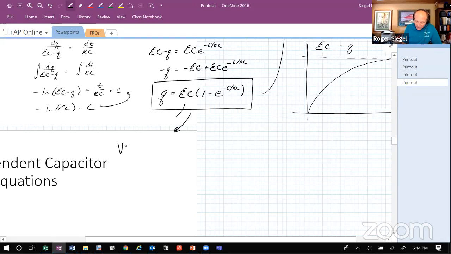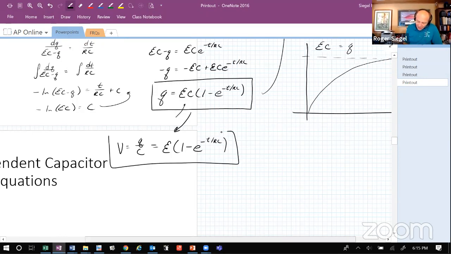The voltage is equal to Q over C. And so we're going to take this and divide it by C, and we have E times the quantity 1 minus E to the negative T over RC. And so that one is a fun and easy one. That one you don't lose any sleep over.